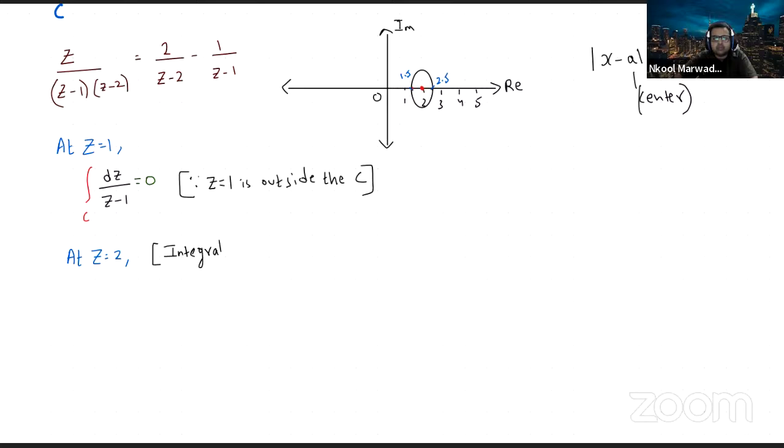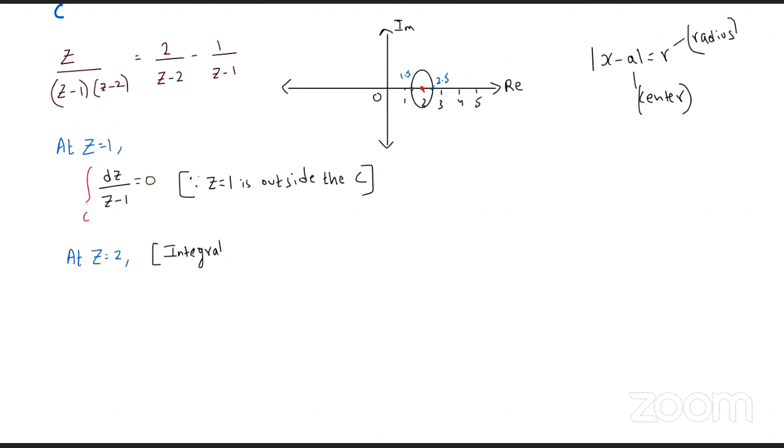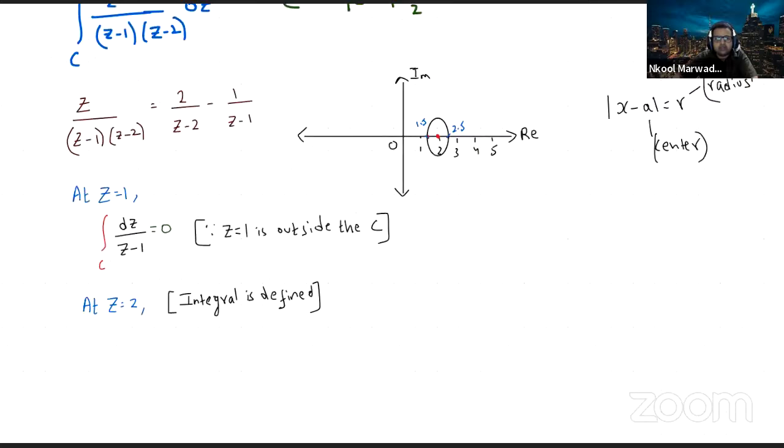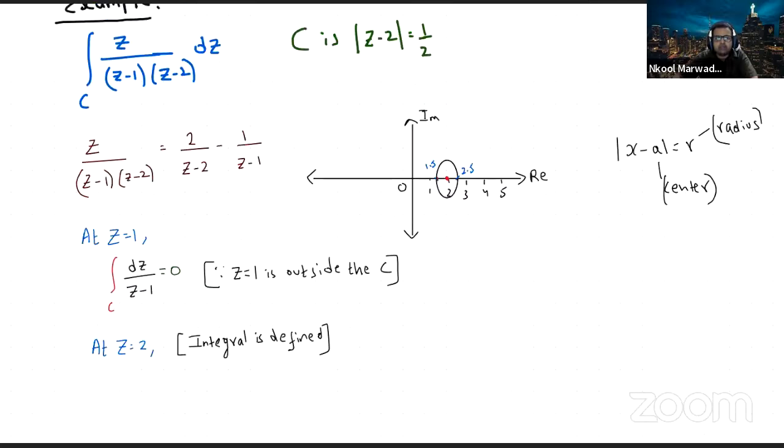It will not be 0, because it is in the range of the contour. So ultimately, what we have done is that we have simplified this problem. How have we simplified this problem? After all this analysis, we can say that we have to find this, which is the question.